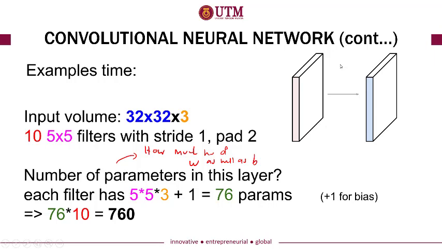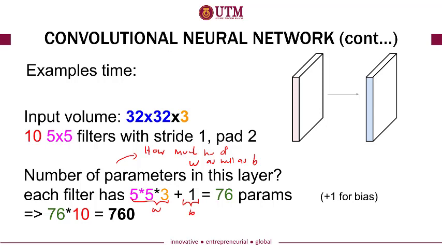In order to calculate that, you need to calculate the size of the filter, because one filter has 5 times 5 times 3, meaning the filter coefficients are 5 times 5 times 3. This is the total W that you have for one filter, and then plus one bias.